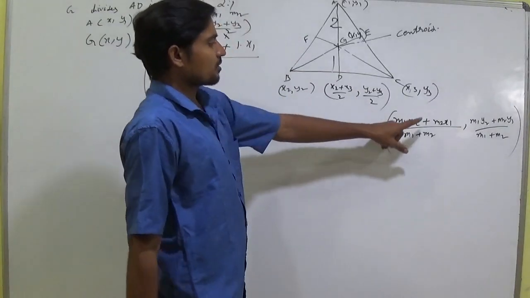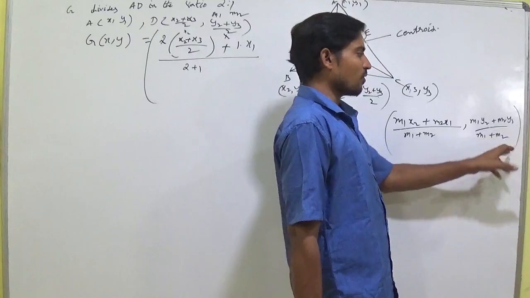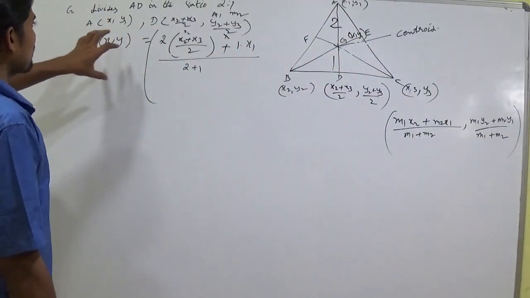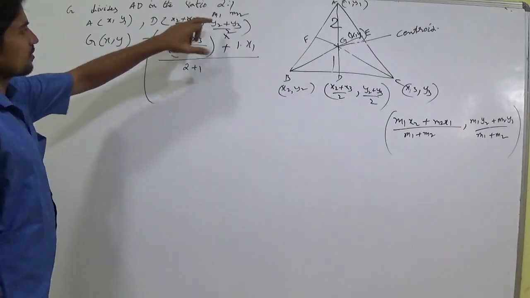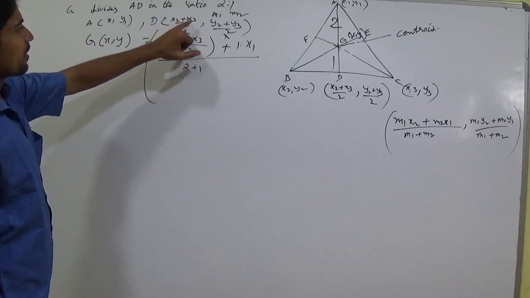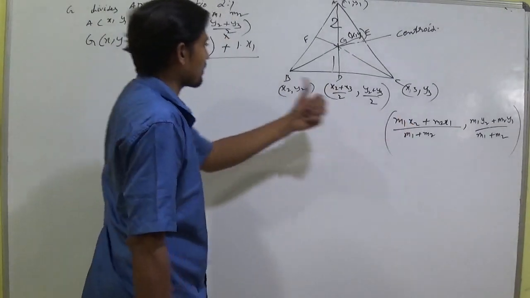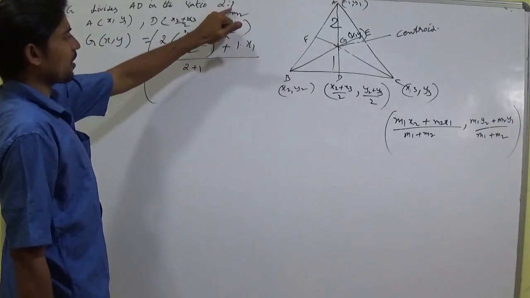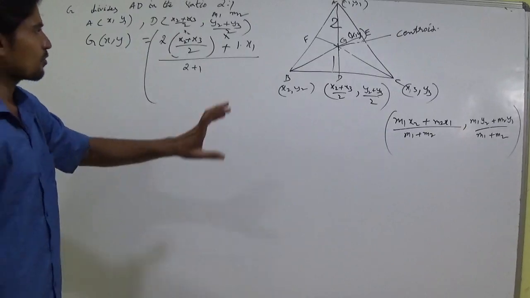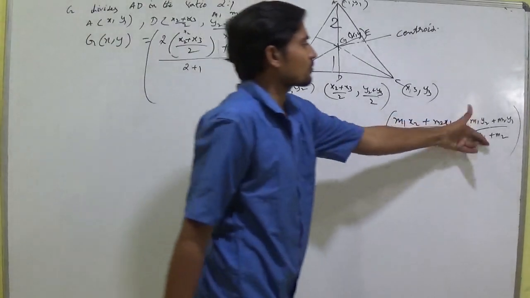So m1 is 2 here, x2 is (x2 + x3)/2, plus m2 is 1, x1 is x1 only, divided by m1 plus m2, 2 plus 1 is 3.